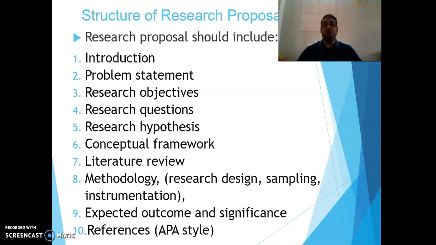Then you need to include also conceptual framework or theoretical framework. Then briefly, literature review. You need to include methodology, including research design, sampling, instrumentation, etc. Then you need to include expected outcome and significance of the study. And finally, you need to provide references.